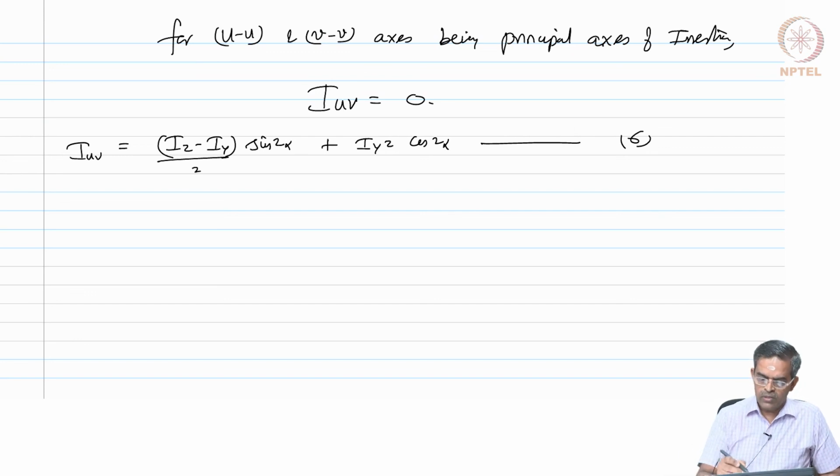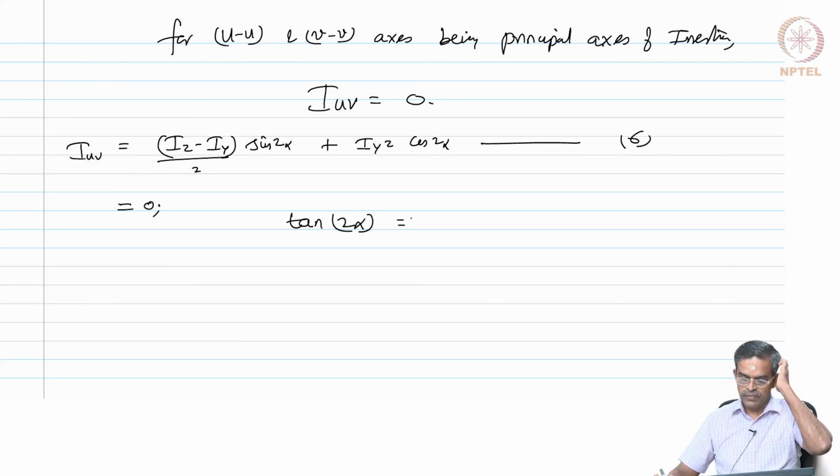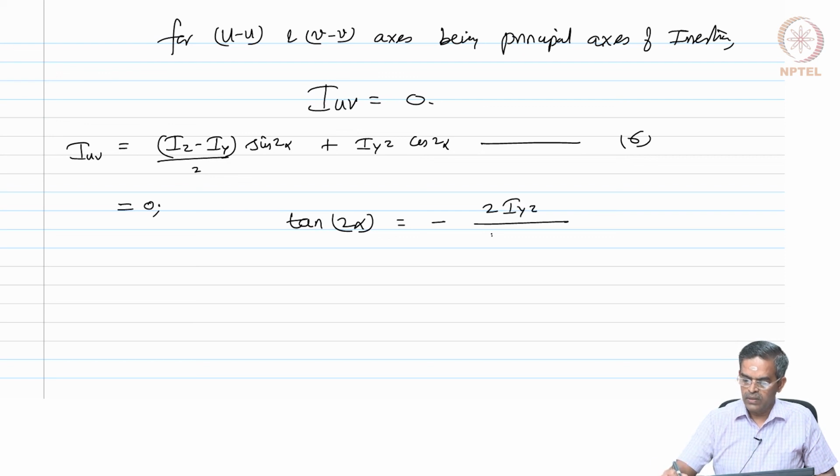If we equate this to 0, I will get tan 2 alpha is minus twice Iyz by (Iz minus Iy).